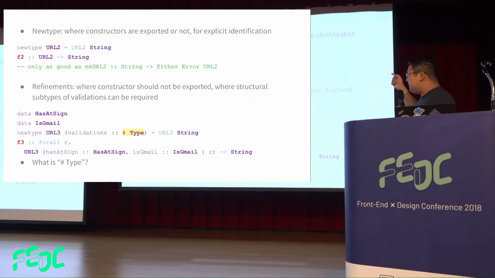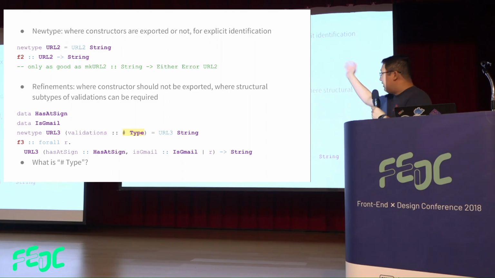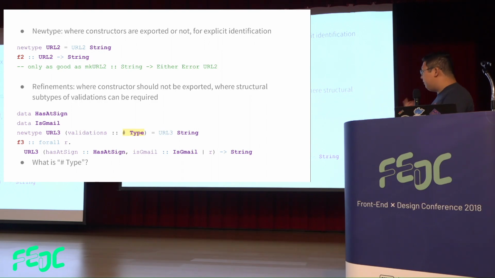So the more advanced thing you can do is work with refinements. There are plenty of ways you can encode refinements, but one way you could do it is to have these opaque data types, like hasAt or isGmail. And then you can make a row type of validations on this new type.